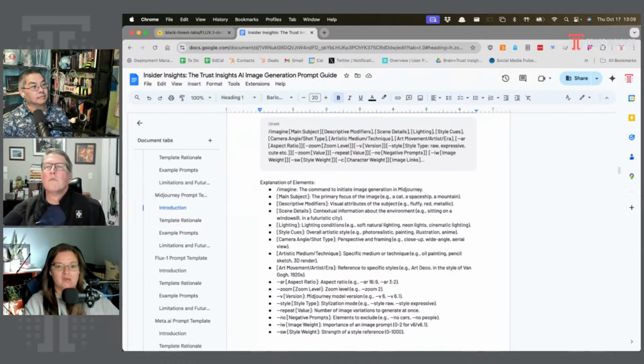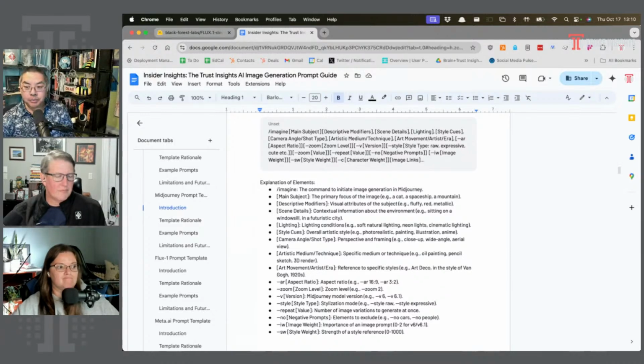Similar to using generative AI for text, for language tasks, you really need to know what you're asking for. Yes, exactly. It's like the genie of fairy tales. You get what you ask for, and so if you ask for the wrong thing, you will get not what you wanted.